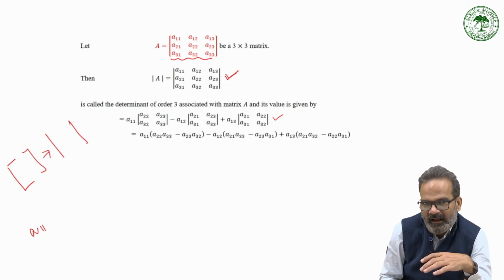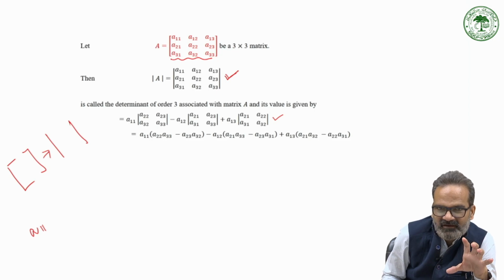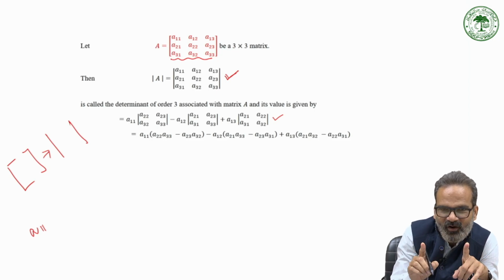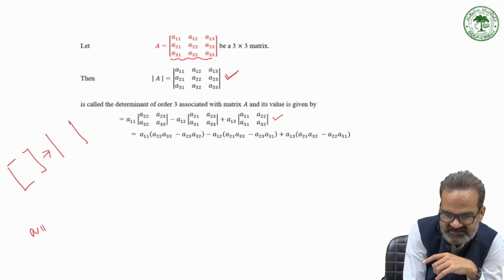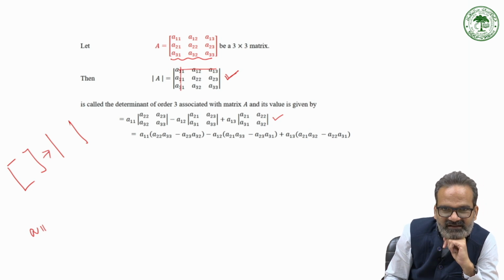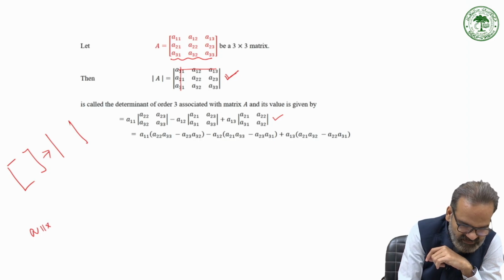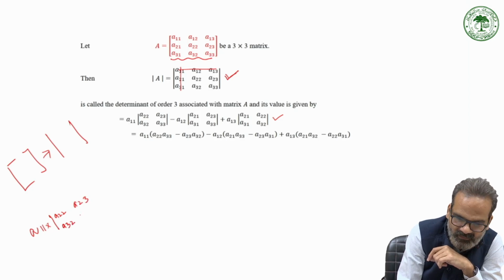After taking the first element A11, delete the row and column in which A11 lies. A11 lies in the first row and first column. What is left? It should be multiplied with A11. What is left? A22, A23, A32 and A33, right?